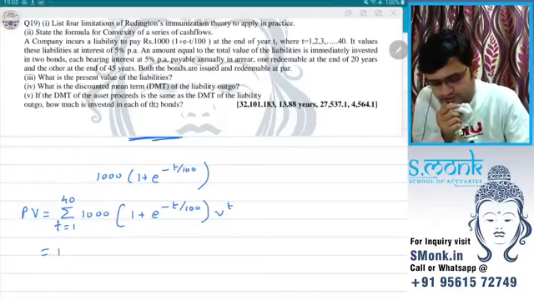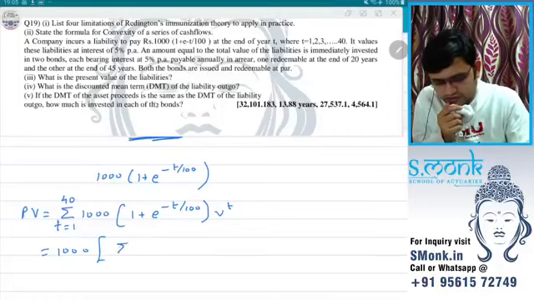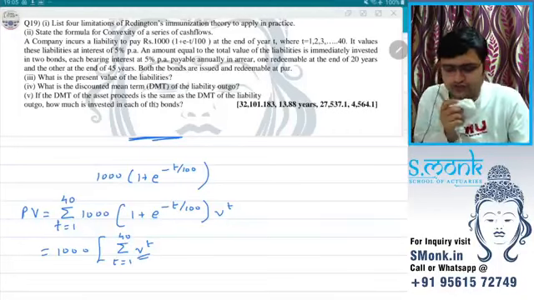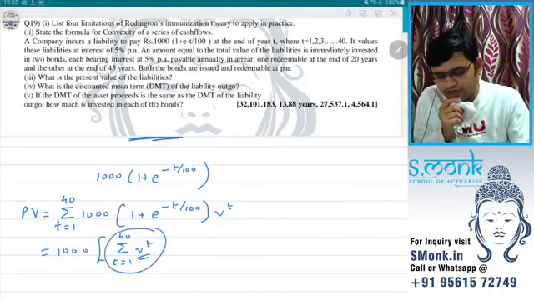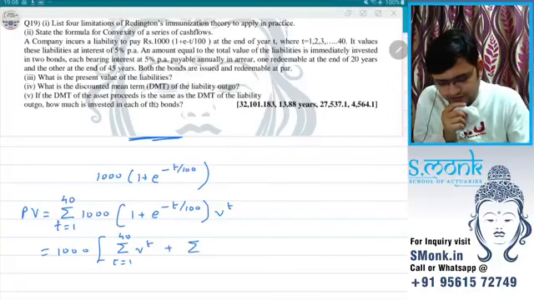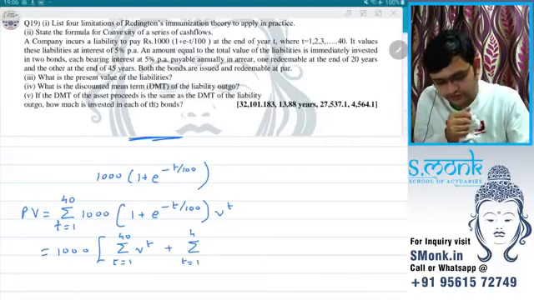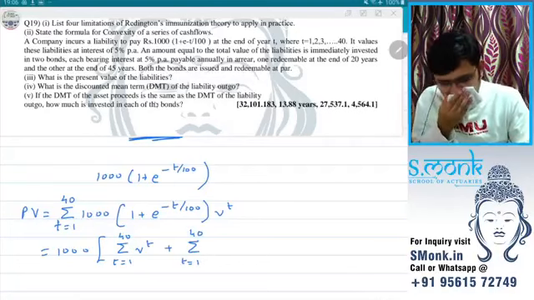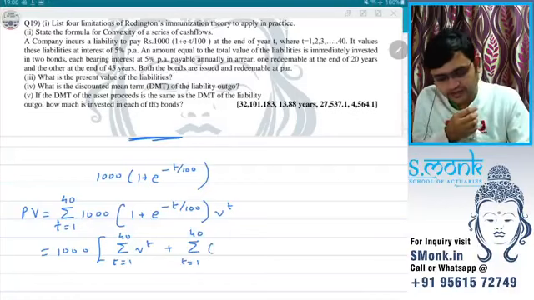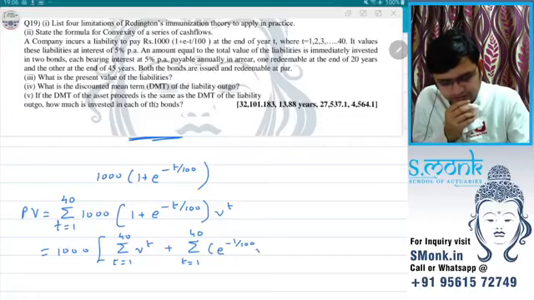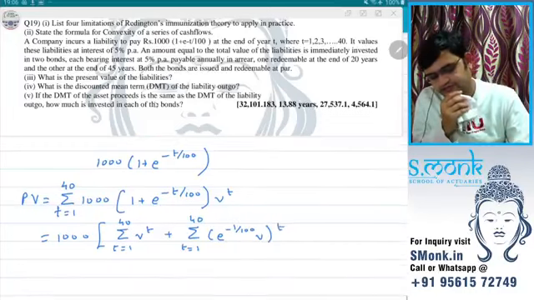So when I split this, I will get 1000 out, summation t going from 1 to 40, and I will have just v raised to t. That is nothing but an annuity in arrears for 40 years. But what about the other? We have summation t going from 1 to 40, and here I have e raised to minus 1 by 100 times v raised to t.